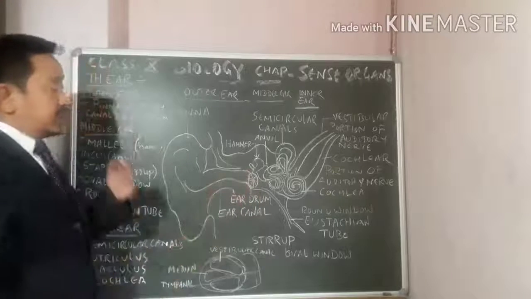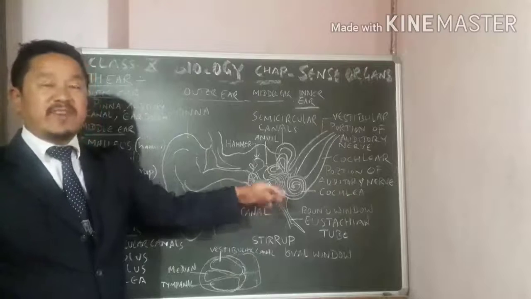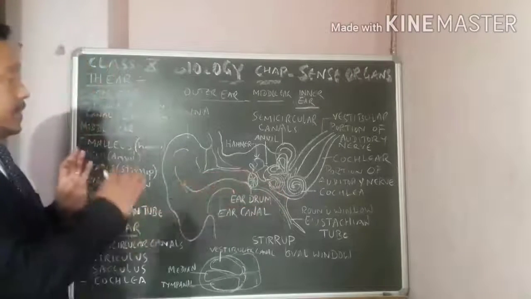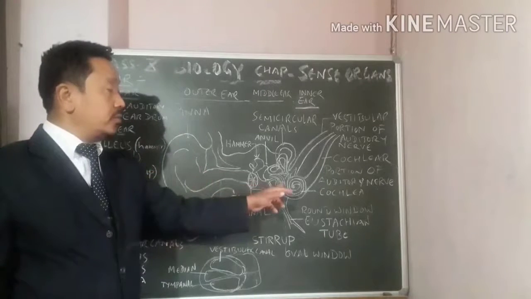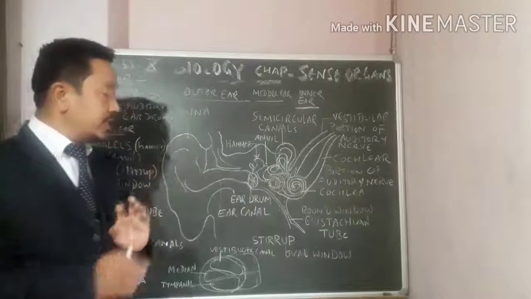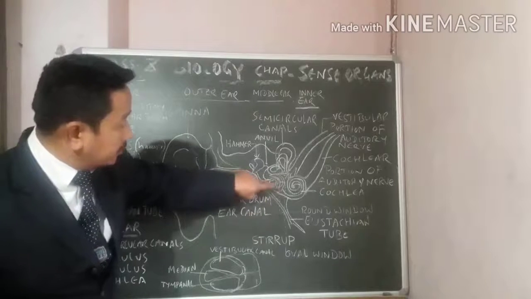What you see is that the flat part of this stirrup is connected with a so-called window, which is called the oval window. This is your oval window.